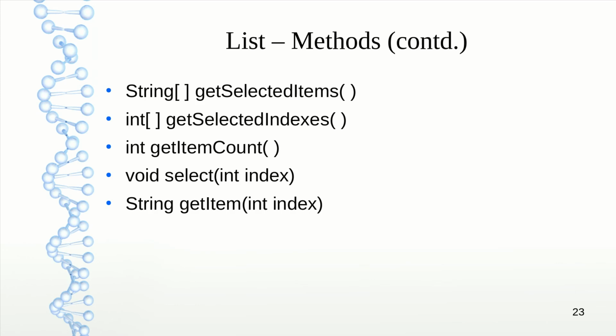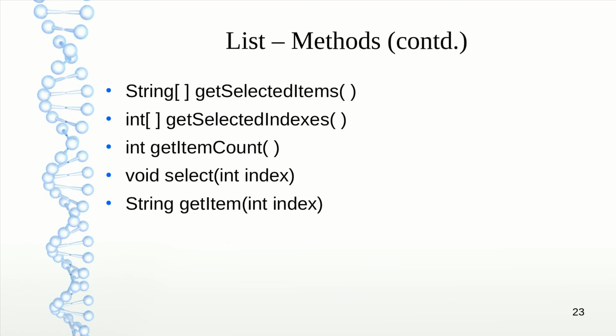Similar to get selected item and get selected index, we have getSelectedItems and getSelectedIndexes specifically for list boxes where multiple items can be selected. So here we retrieve an array of strings and an array of integers respectively.